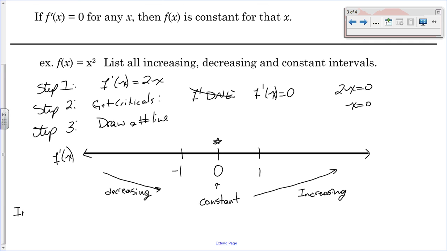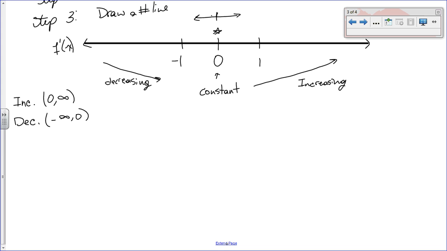Our graph is increasing from 0 to positive infinity, because it's increasing on this entire interval, starting at 0 and going that way. Our interval is decreasing from negative infinity to 0. Starting at 0 and going that way, it's decreasing. And at 0, it is constant.